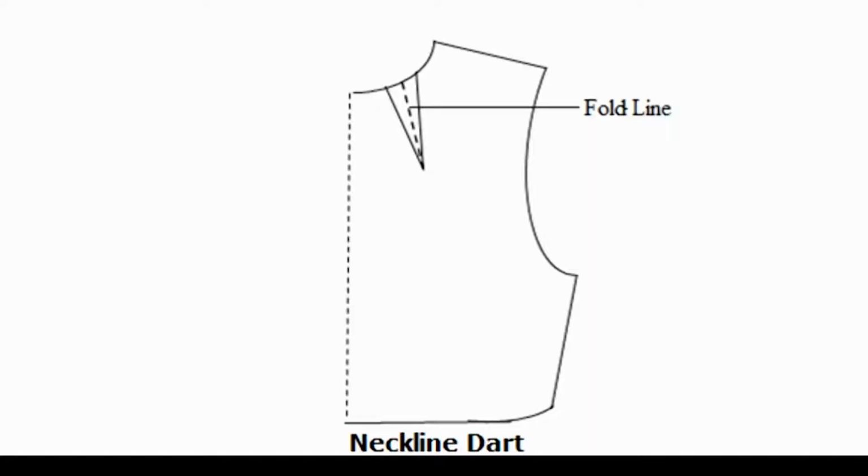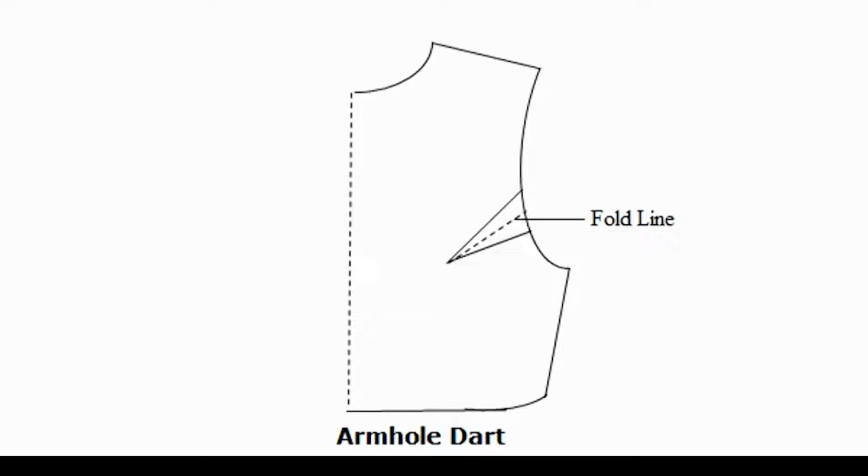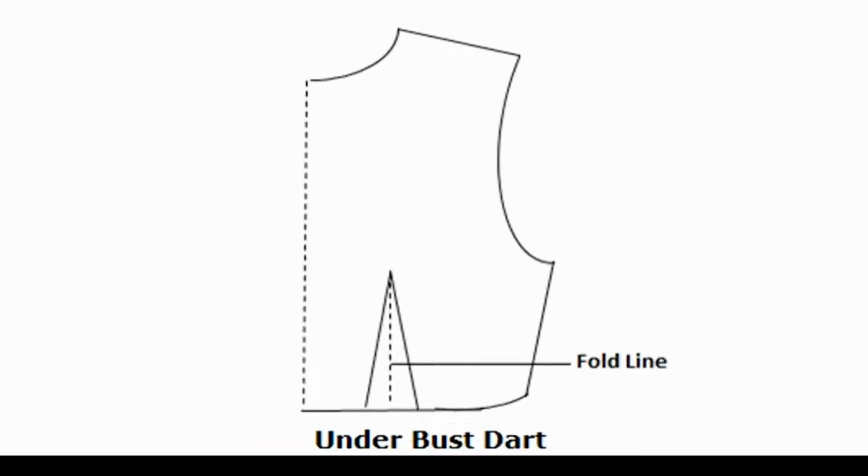Types of darts. We would be talking about different types of darts, and each of these darts is only introduced in a garment to fit an individual anatomical profile. We have basically four types of darts: neckline darts, armhole darts, side bust darts, underbust darts.